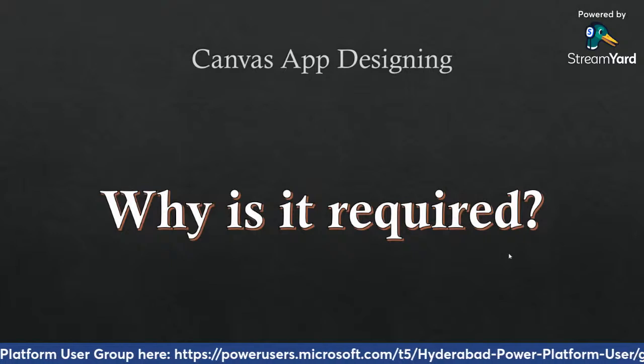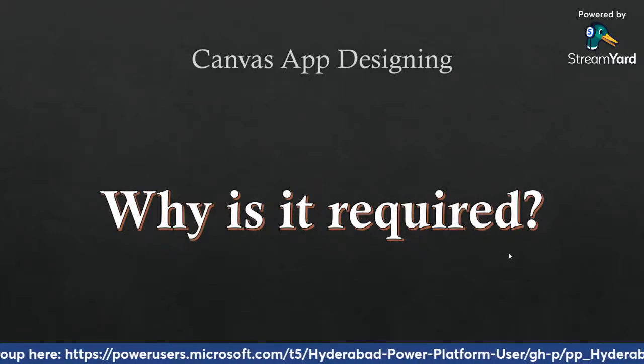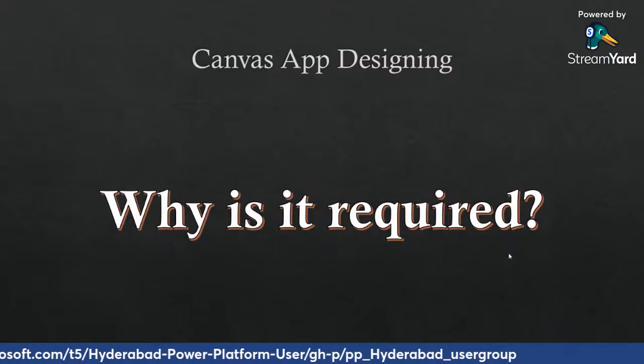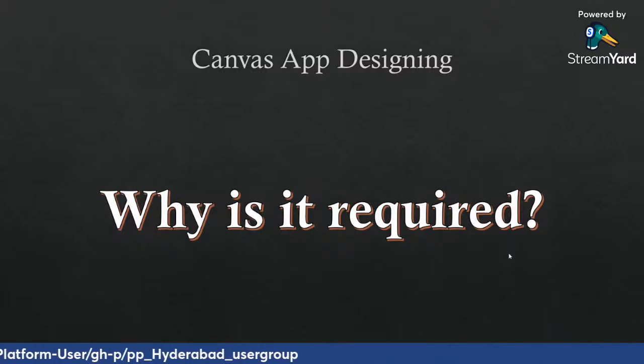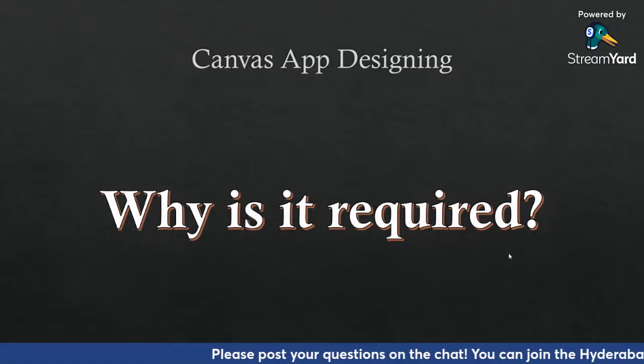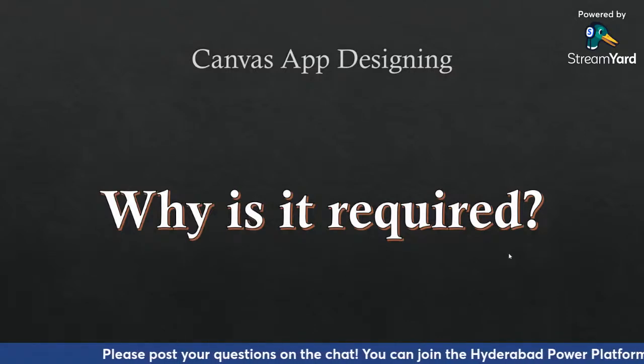There are three ways in which you can start building a Canvas app. The first one is you can use any of the existing templates, and that is a very good way to start. If there is a template that exists along the same lines as your use case, you can go ahead and use it. Another way is starting with a data source.